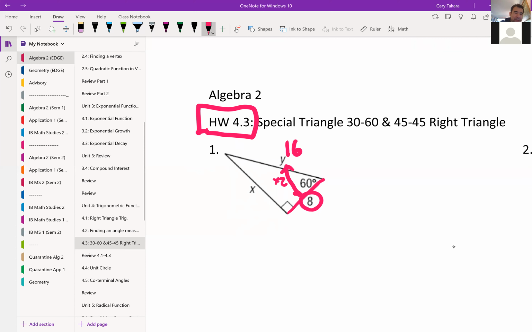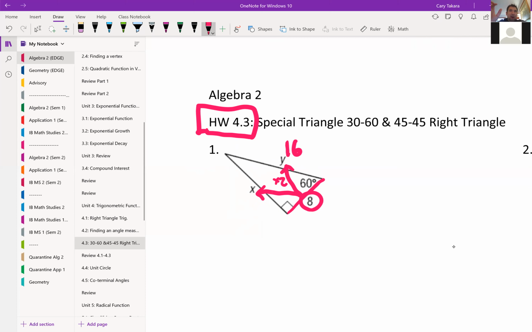And how do you get to x? Somebody tell me, what do you have to do to get to x? You have to multiply, right? Now, the other clue is you're going from short to longer side, right? That means you have to multiply.